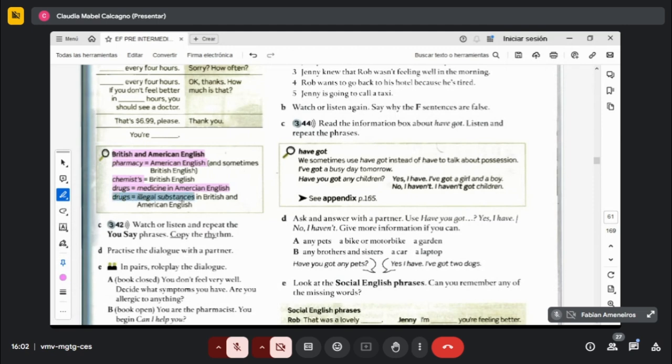Drugs are illegal substances in British and American English. So we have to be careful in how we use the word drugs, right? ¿Y cómo se dice, profe, remedios en...? No, remedy, or medicine. Medicine. Claro. Exactly. But medicine is the most common. But you can say drugs, but again, it depends on the context, right? Okay.